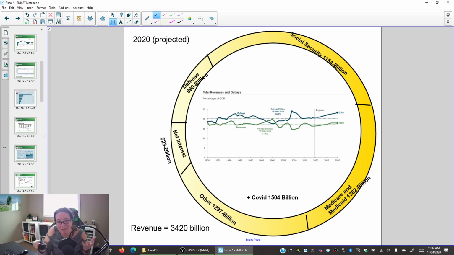This is after all of that's happened. Defense spending has continued to rise. Social Security, Medicare continues to rise. The interest on the U.S. debt is $523 billion. So the portion, that interest on the debt, keeps getting bigger and bigger. And the problem, of course, is that if the U.S. government can't afford to pay the interest on their debt, that means that when people cash in government bonds, they don't get the money they were promised.